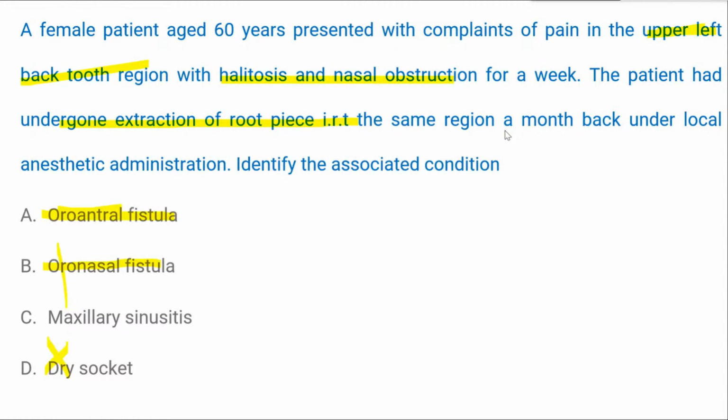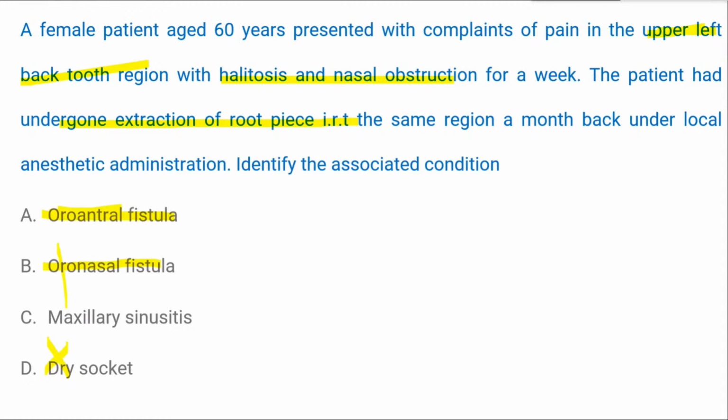If there is no other keyword and it's not leading, it could go to maxillary sinusitis. Both will have equal predominance. Why I am not giving maxillary sinusitis as my primary diagnosis for this question is because I have put extraction, meaning there is a trigger.